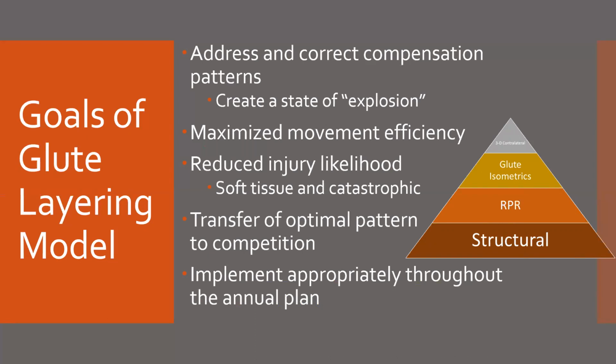So like the 3D contralateral is great for volume, and all of these other layers here are great for basic introduction of these principles. But then it's important that as a coach, you're continuing to utilize this hip extension firing pattern throughout training to make sure that your athletes have it available for them on the field.